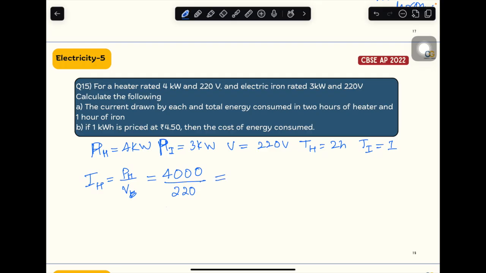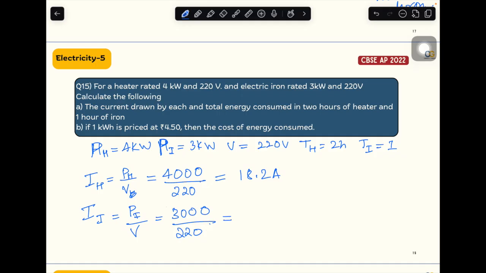So this will be almost close to 18.2 ampere, and the current drawn by the iron will be the power of the iron by voltage, which is 3000 by 220, which is almost 13.6 amperes. So these are the respective currents drawn.